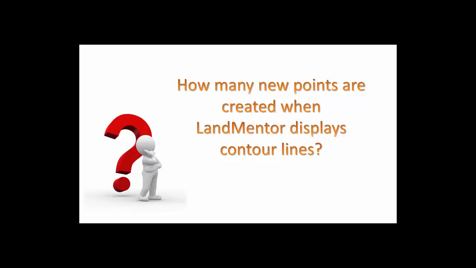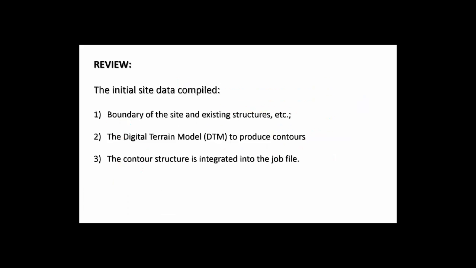So how many points have been created up until now? And the answer is none. The initial site's compiled. You now have some experience with the 3 buttons of the mouse. The boundary of the site and existing structures are shown. You've created a digital terrain model, and you know the contour surface is just integrated.